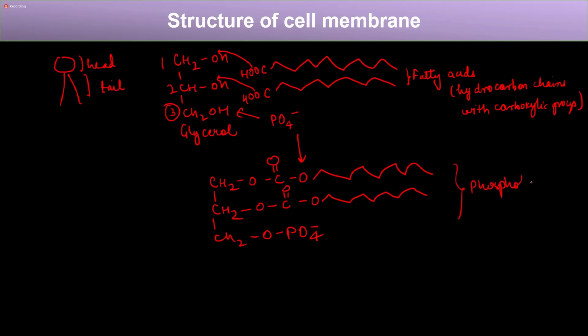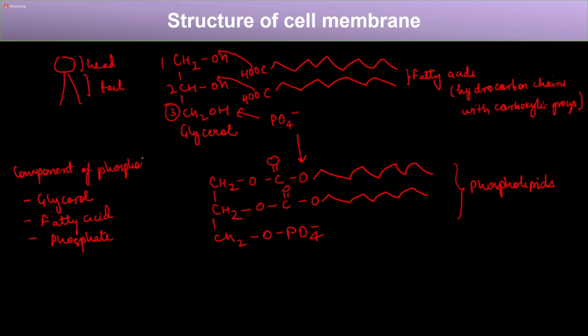Now you understood what phospholipids comprise. Okay. So if someone asks you what the components of a cell membrane or the phospholipid are, you can write that it is made up of glycerol, fatty acid, and phosphate. Okay. Now these are the components of phospholipid.